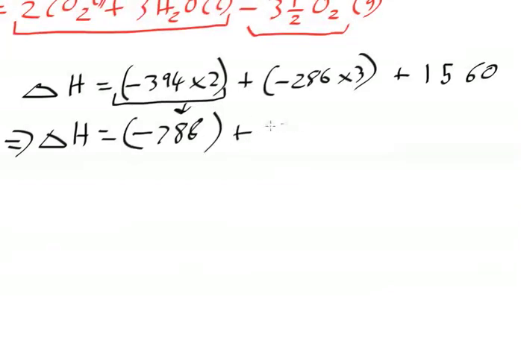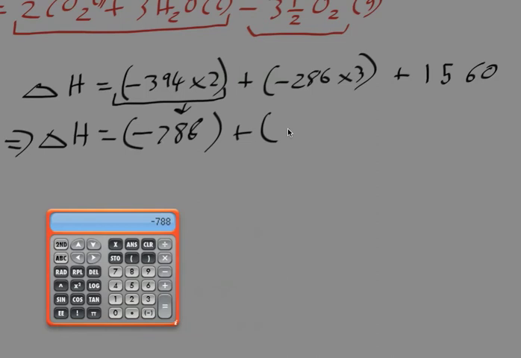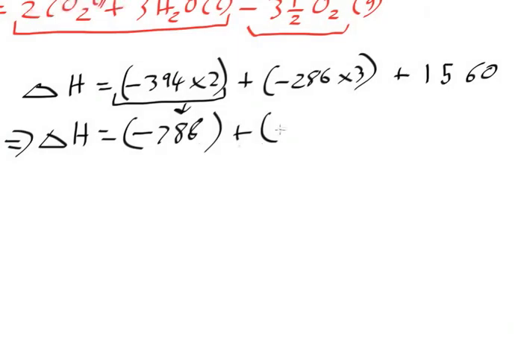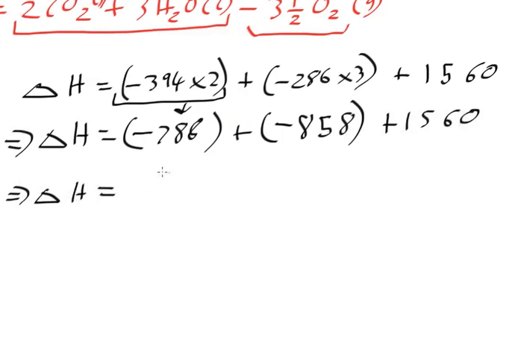Let's leave it in brackets actually, plus whatever this thing is going to be, minus 286 times 3. So minus 286 times 3 is equal to minus 858. Let's put that in. Minus 858 plus 1560. And I can write that out without the brackets if I want.